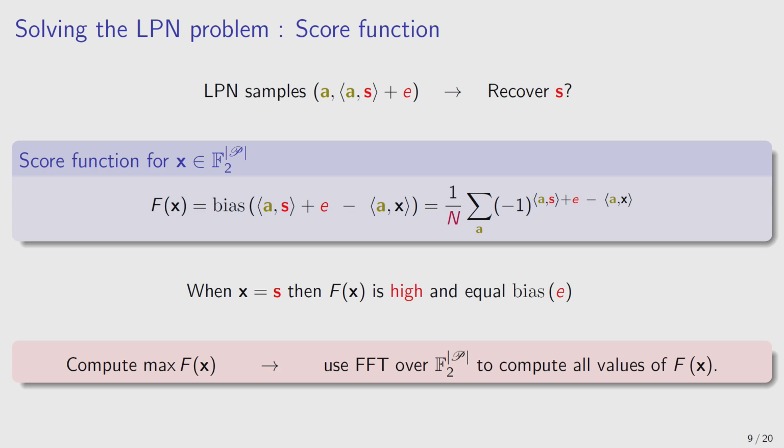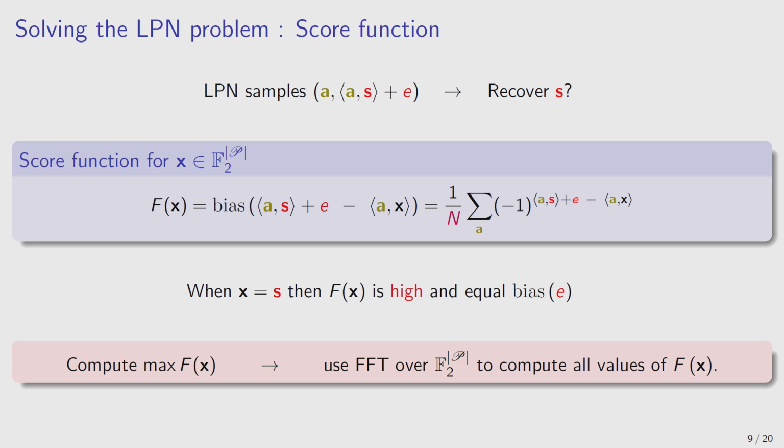The key function here is called a score function. It takes as input a vector x, and it tells us how likely it is that x is the solution, the secret. The higher the score function, the more likely x is the solution. Basically, the score function is the bias of your LPN sample minus a dot product x.